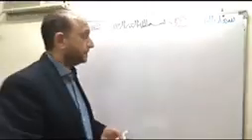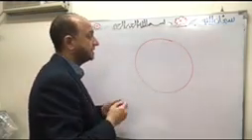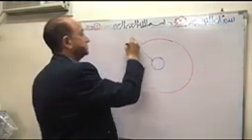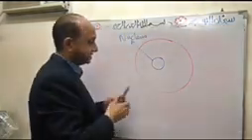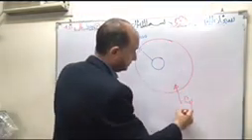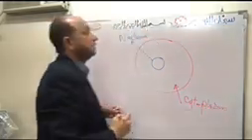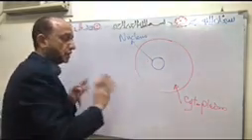The cell is formed from two parts, cytoplasm and nucleus. The cytoplasm is normally colorless.